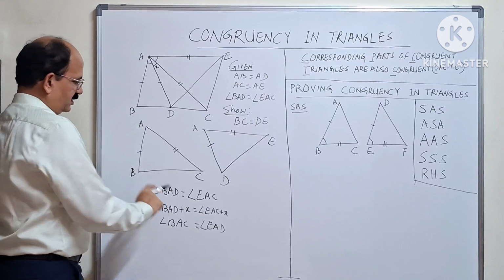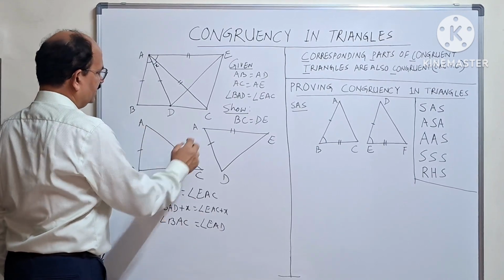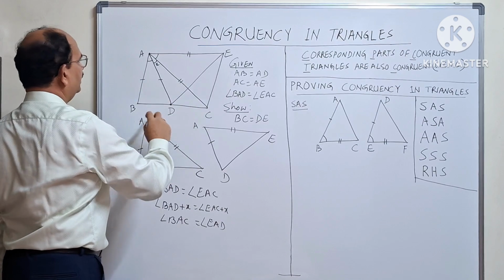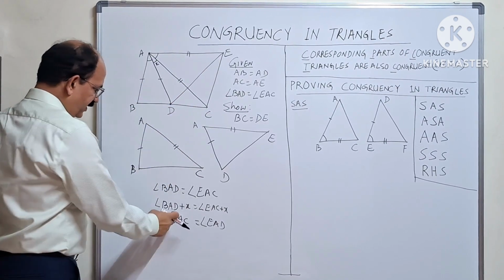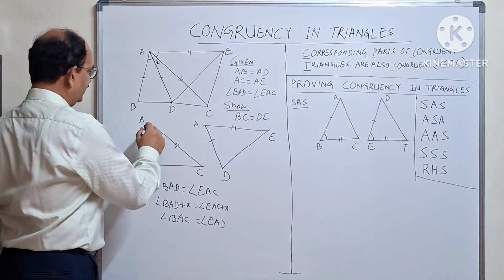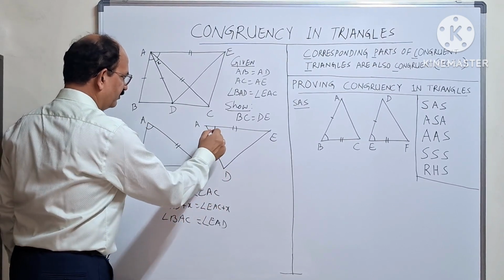So now, in triangles ABC and ADE, which we have drawn separately, angle BAC becomes equal to angle EAD.